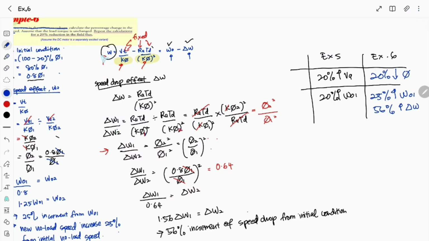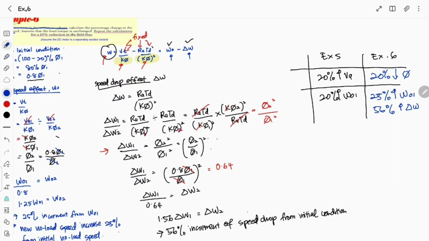Okay, and if we relate this finding with the equation, we can see the dependency of motor speed on the flux. What is the dependency? The no load speed is inversely proportional to the square of the flux. Okay, and we can see that even when we reduce the flux, it will give you a huge difference in the motor speed.